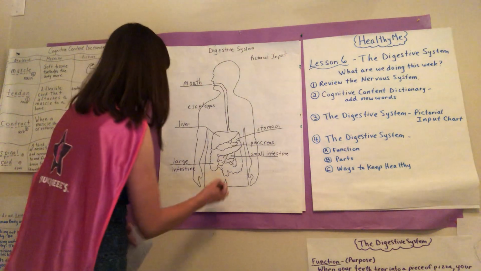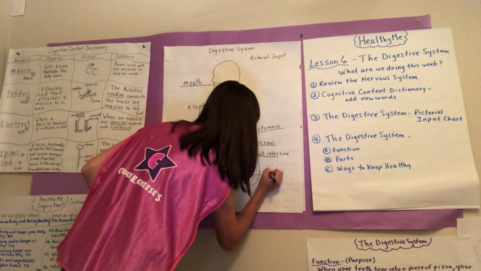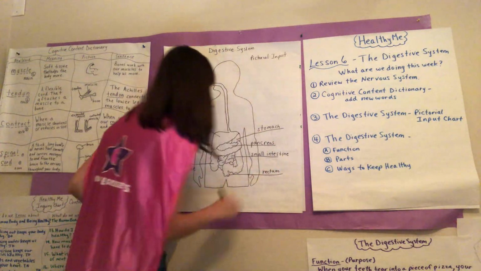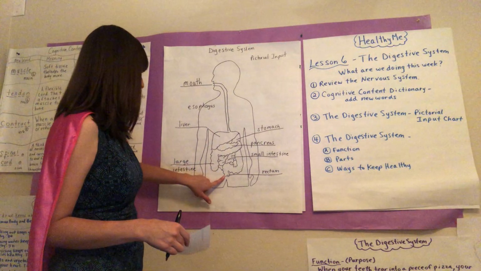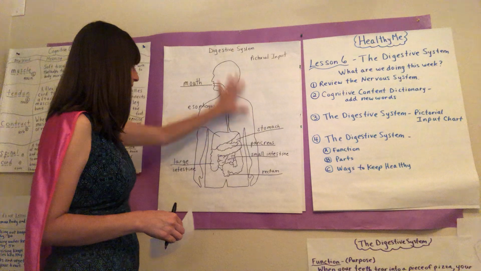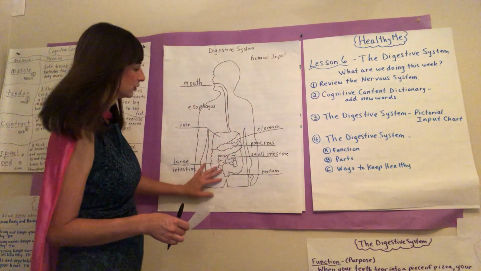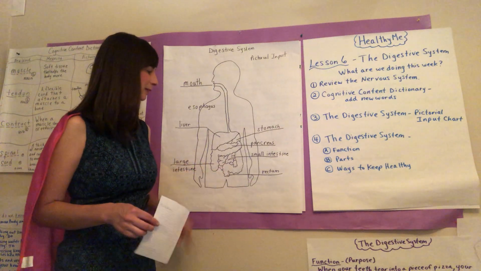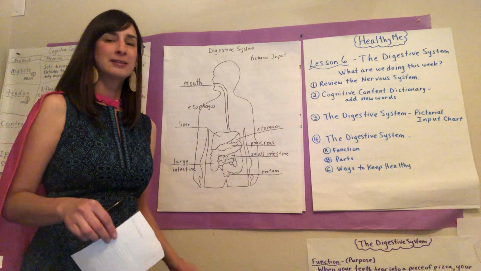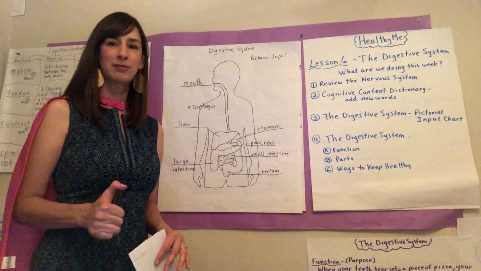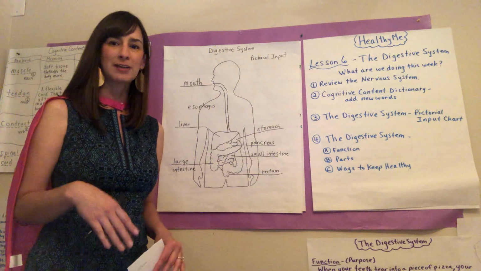And of course, sometimes this is a little bit hard to talk about, but that's a funny word. What happens is, once all the food has been broken down and it's gone through all of the processes it needs to go through, it ends up in something called the rectum, and the rectum is the last stop before the food exits our body as poop.